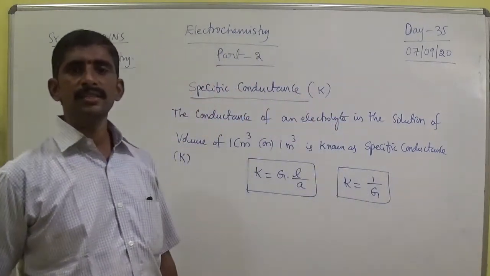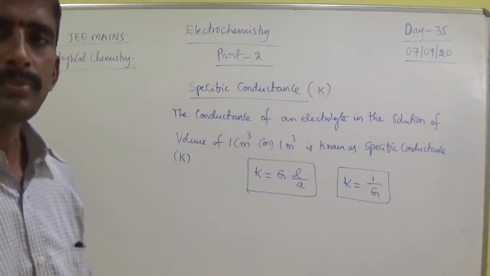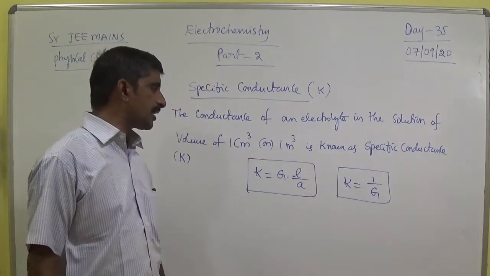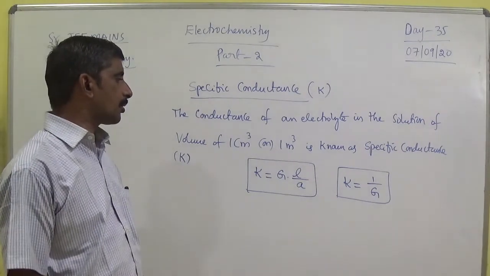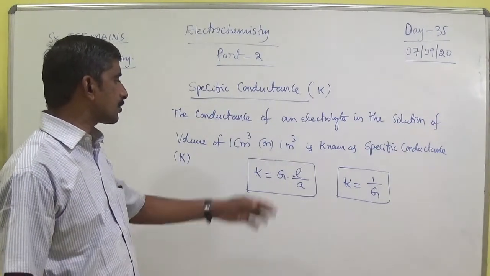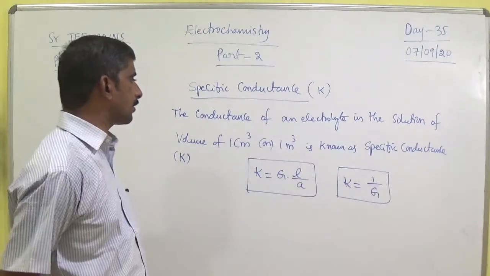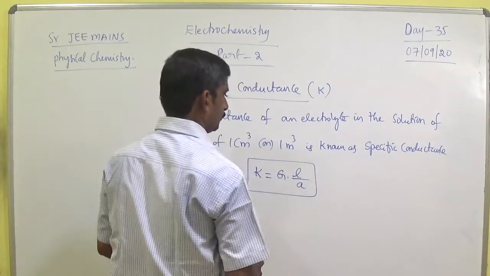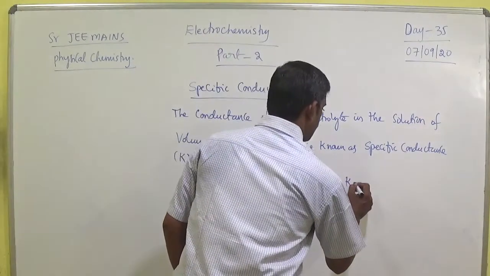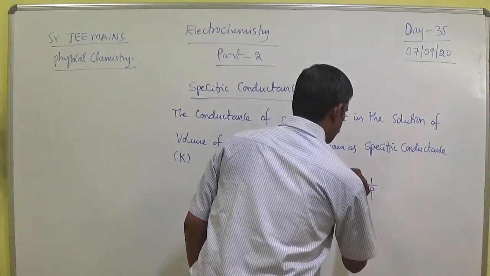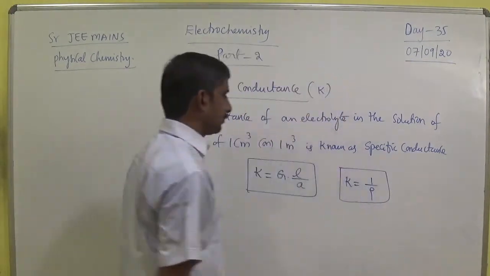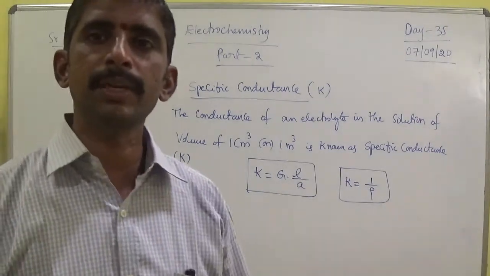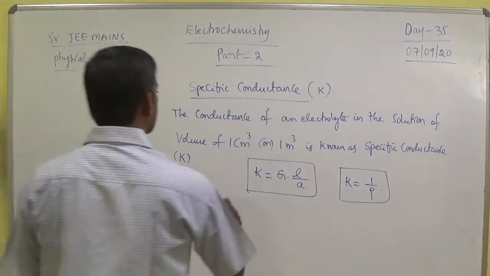G means conductance, and rho means specific resistivity.